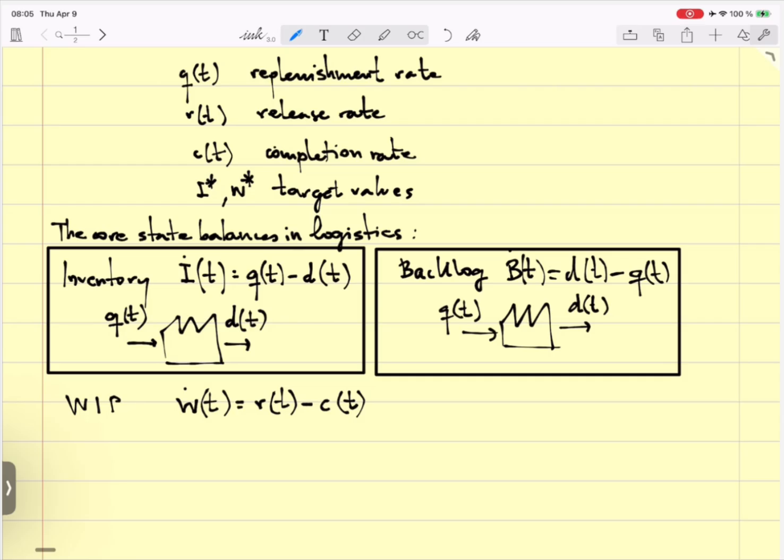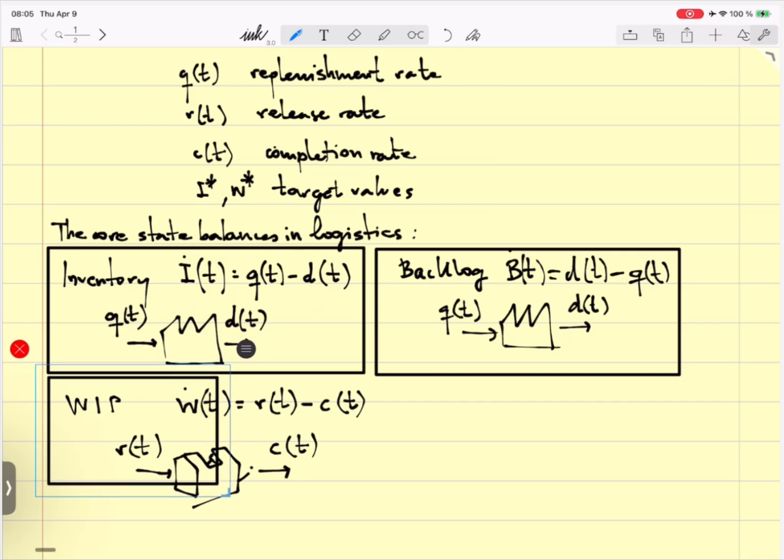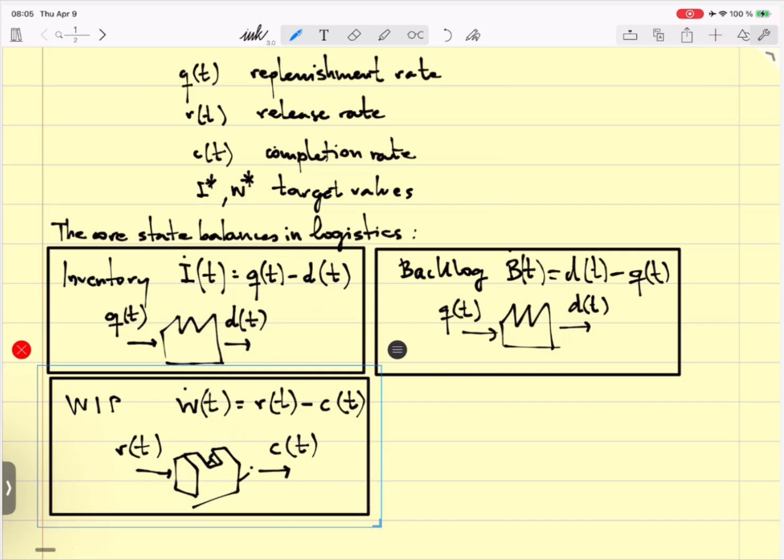So if I have, let's say, a machine or a process step, I release the products in, and I complete them at a certain rate, and that is going to be the work in process or work in progress. All right, so these are the 3 problems we are going to look at in detail.